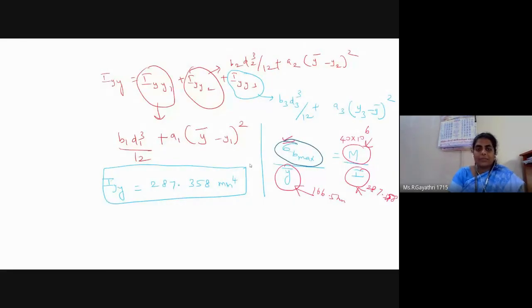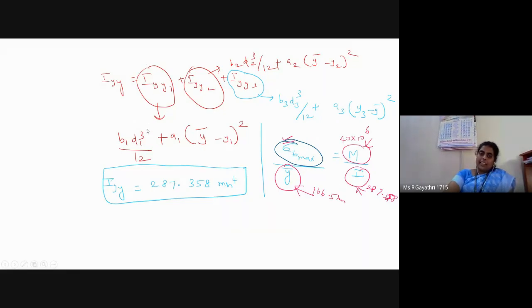Okay, next bending moment value is given. I can be calculated from individual moment of inertia about y axis. Here we noted unsymmetricity. So we need to use parallel axis theorem.